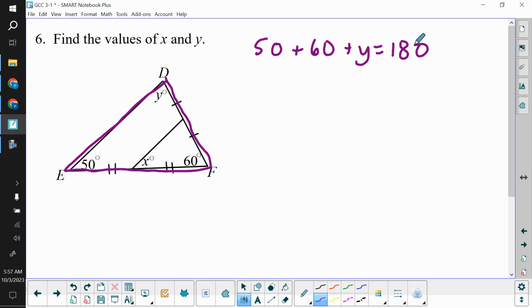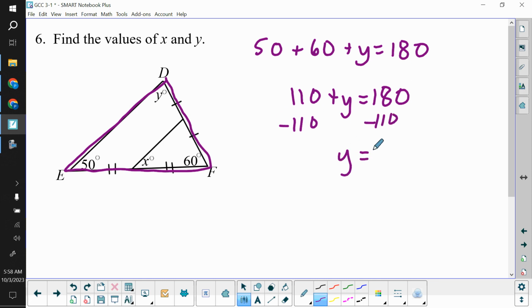If we combine like terms on the left, that's 110 plus y equals 180. We can subtract 110 on both sides. So we get y equals 70. So that's one of our variables.